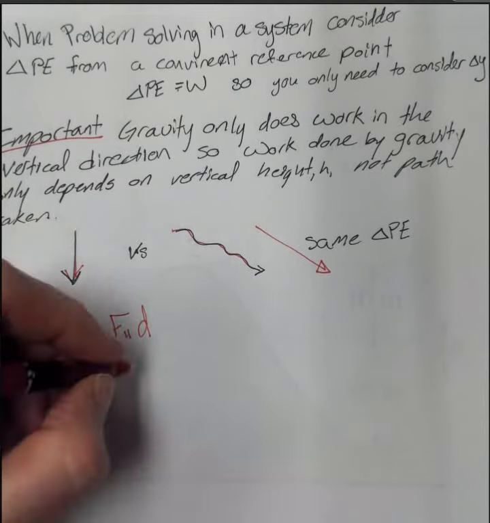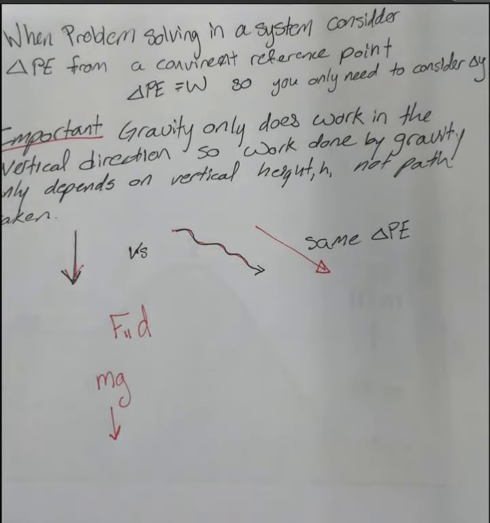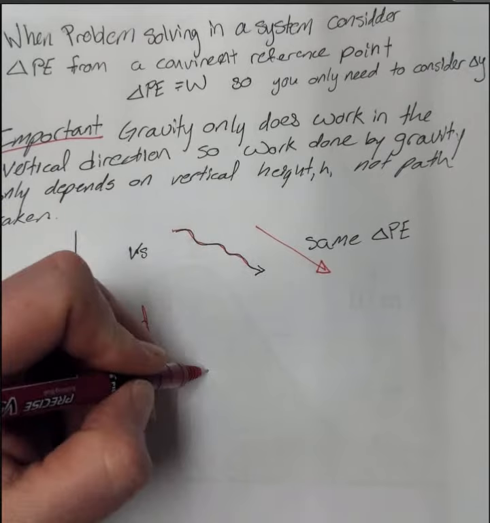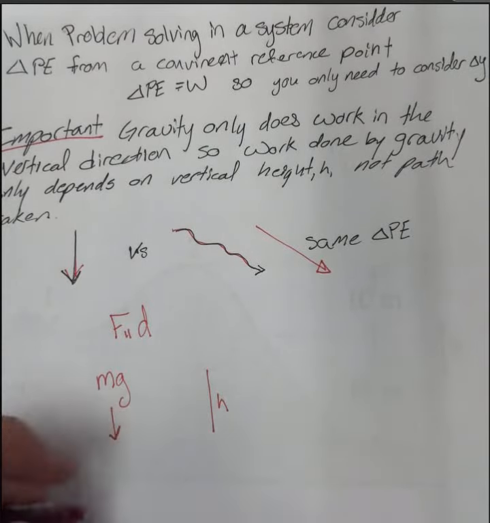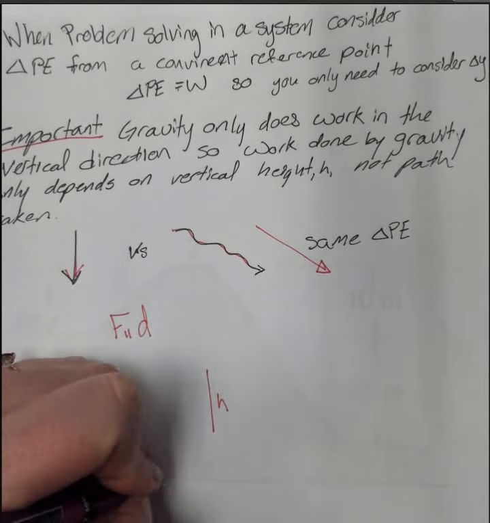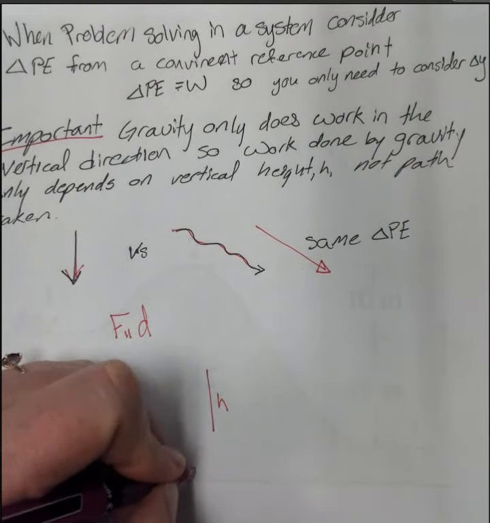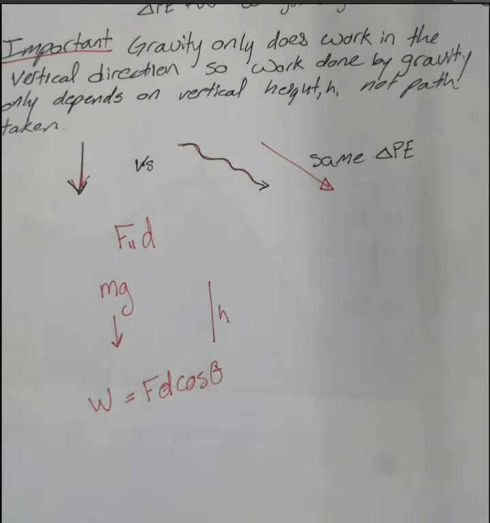And if the force is gravity, mg, and mg is always down toward the center of the earth, then that means that the only displacement that object can have a force over would be some height. And this is our relationship. Remember that you have F times d cosine theta equals work, and work equals change in potential energy.